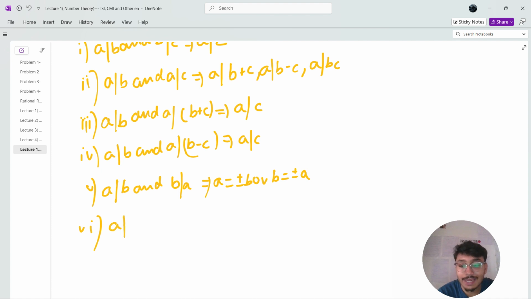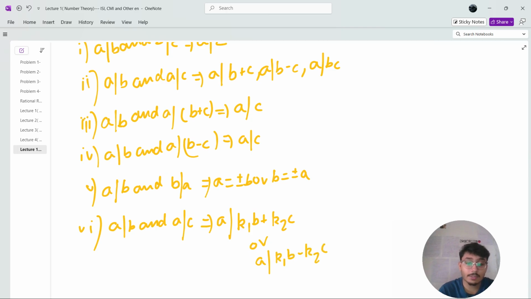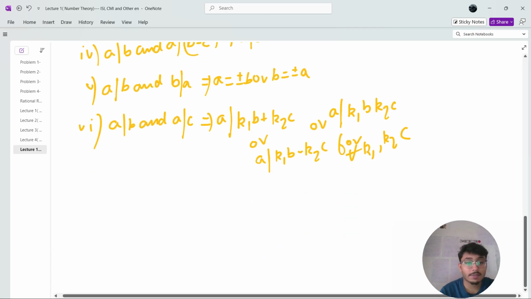So if A divides B and also A divides C, that means A must divide K1B plus K2C, or A must divide K1B minus K2C, or A must divide K1B into K2C, for all K1, K2 elements of integers.